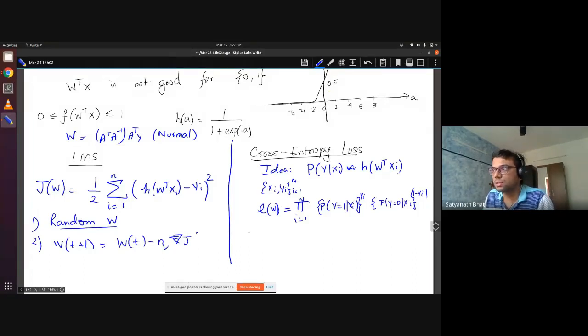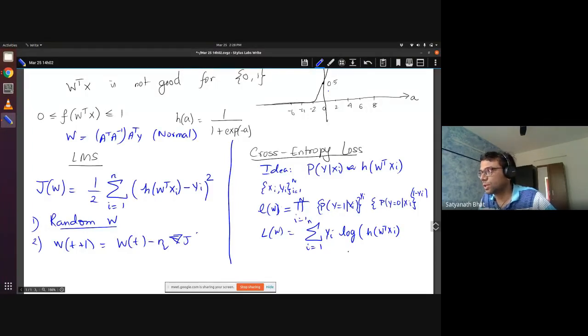So what we will do is take the log here first. L of W is the summation i equal to 1 to n of yi, which is nothing but log of h of w transpose xi, and then plus 1 minus yi times log of 1 minus h of w transpose xi.